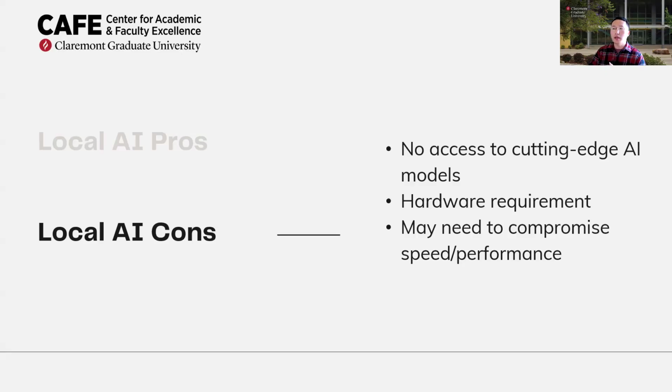And my third point is also associated with the hardware requirement: when you're using local AI, there may need to be some kind of compromise in terms of speed or performance, right? If your computer is not enough to support a very complex model you're trying to run, then the time it takes for you to get a response may be longer compared to an online model.